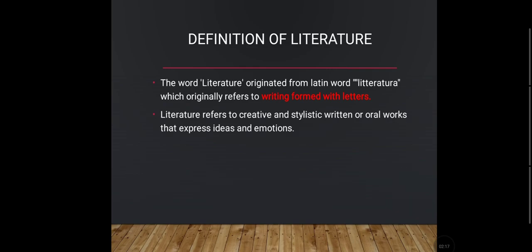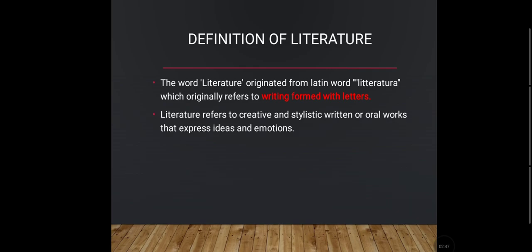So there we have two key terms: creative and stylistic. When you say creative, we mean we can create something from an existing thing, or we create something which is not even existing. The writer can just see a tree, for example, then think of writing something out of that tree.